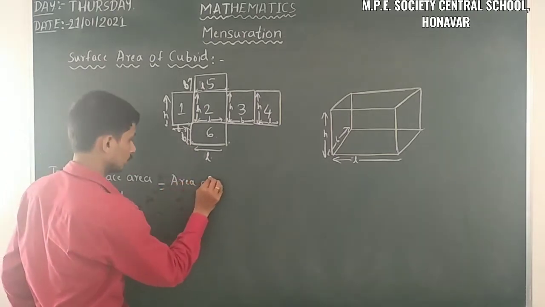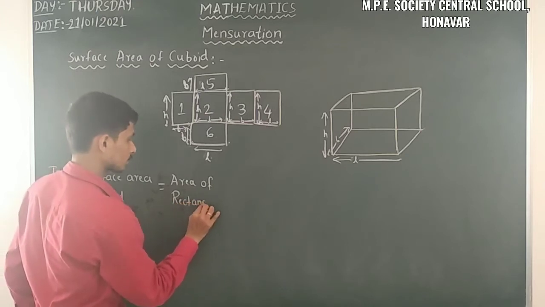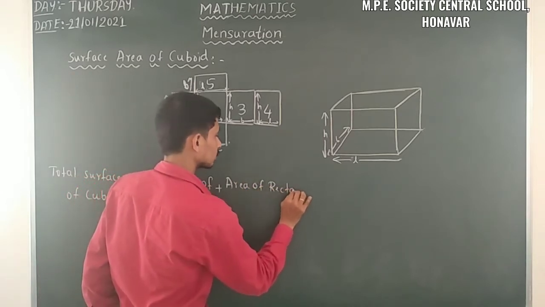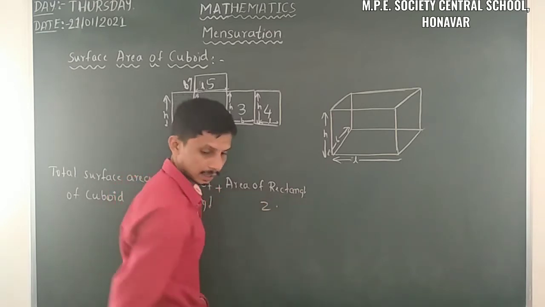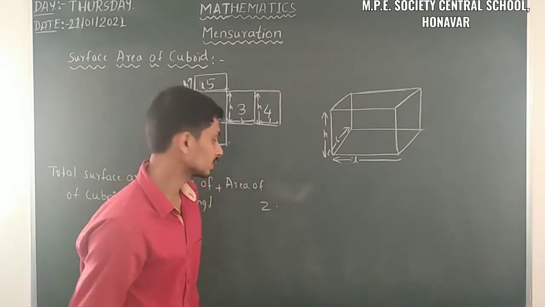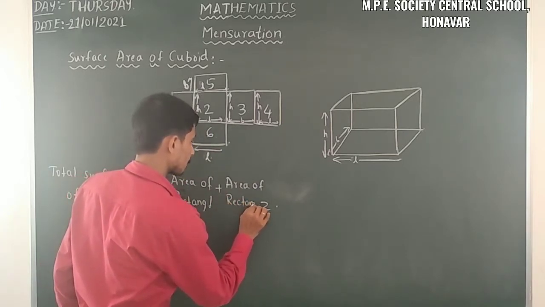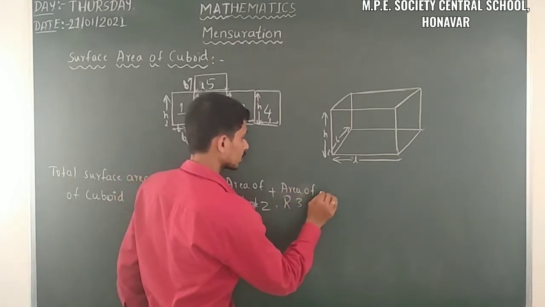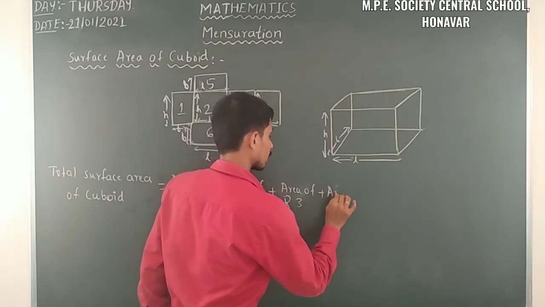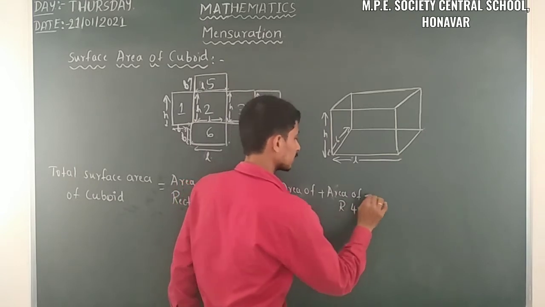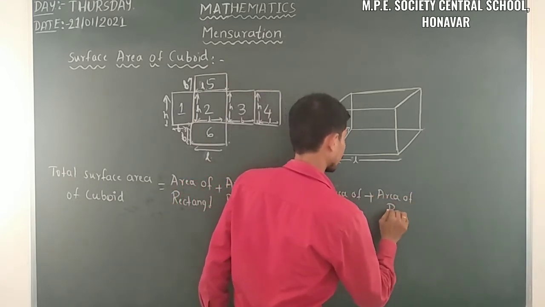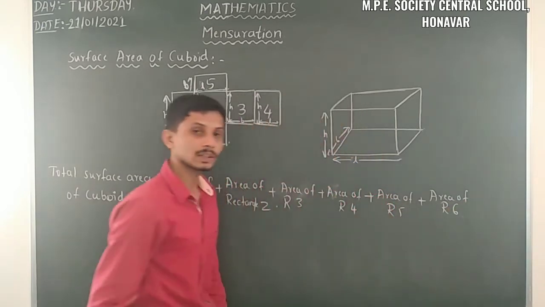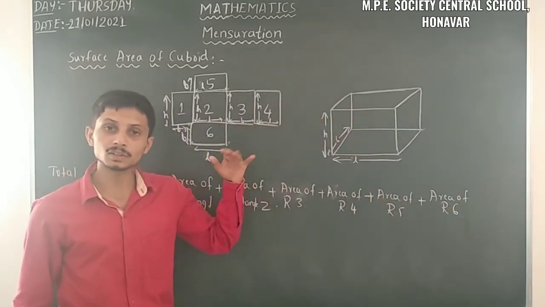Area of rectangle 1 plus area of rectangle 2 plus area of rectangle 3, R3 I will write, plus area of R4 plus area of R5 plus area of R6.